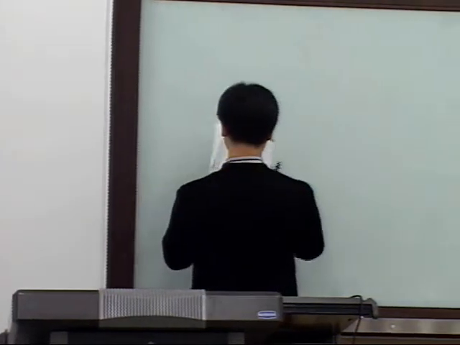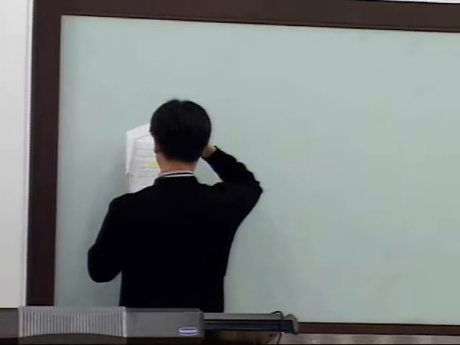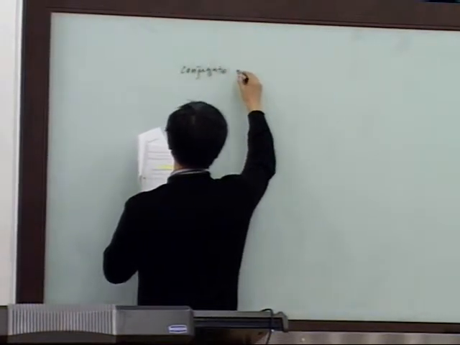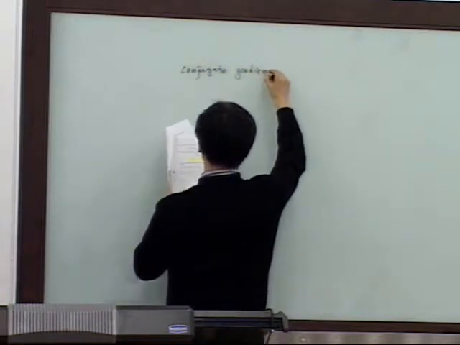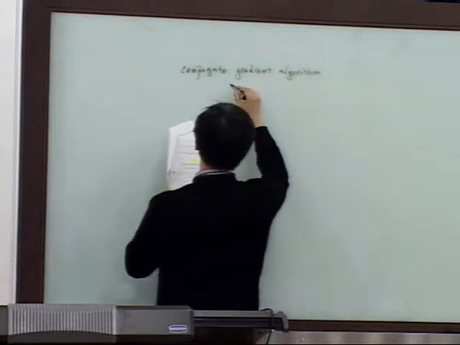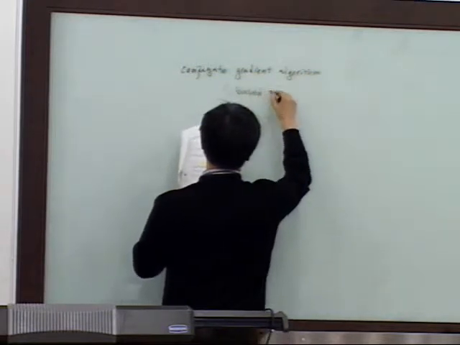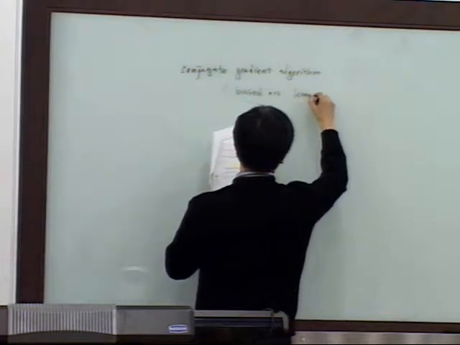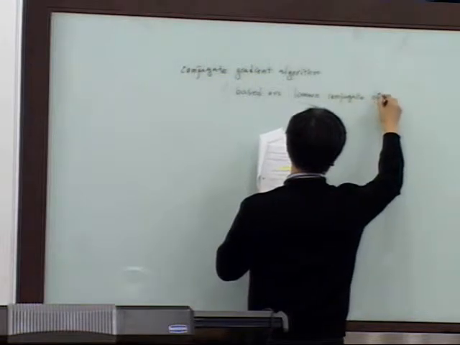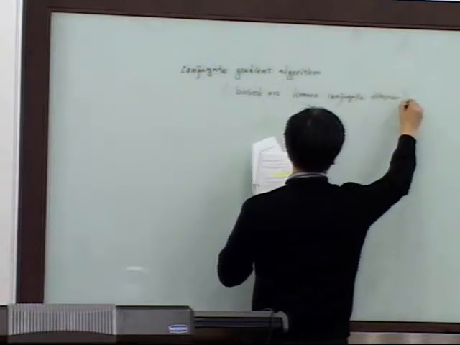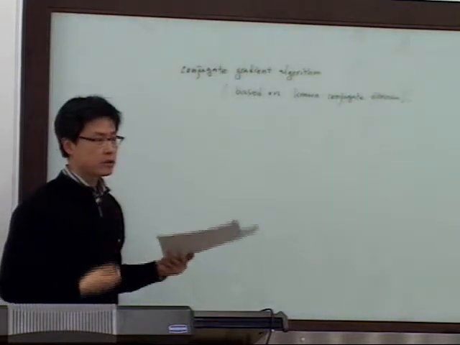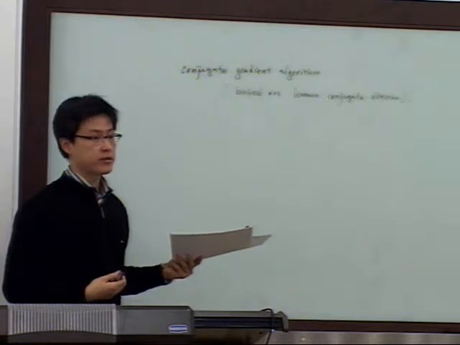Conjugate gradient algorithm. We suppose that we already know the conjugate directions.